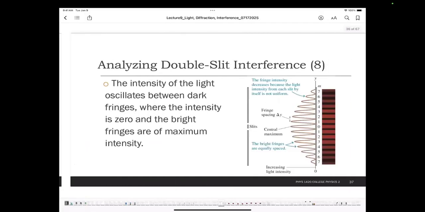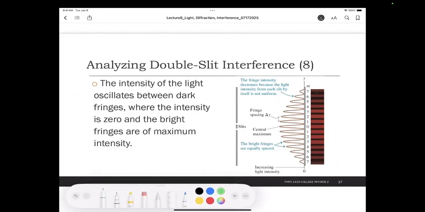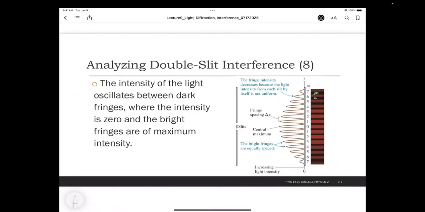Okay, let's continue. The intensity of light oscillates between dark fringes, where the intensity is 0, and bright fringes, which are of maximum intensity. Here is a dark fringe, so the intensity will be 0.